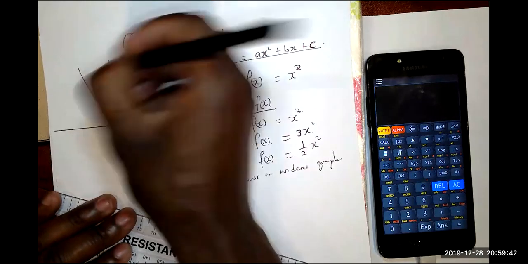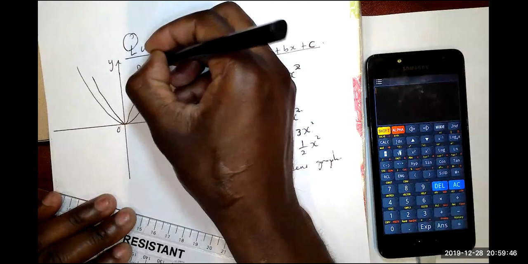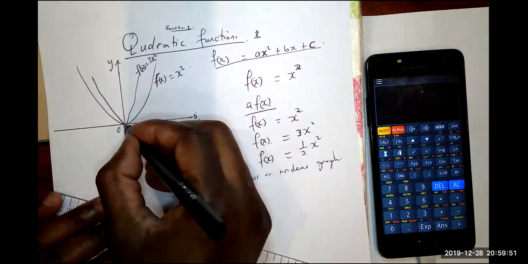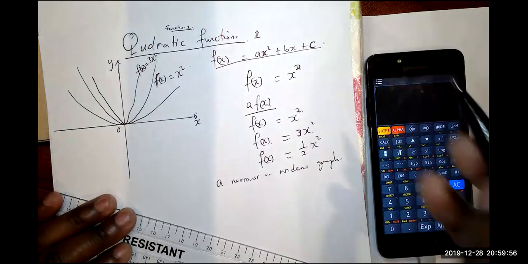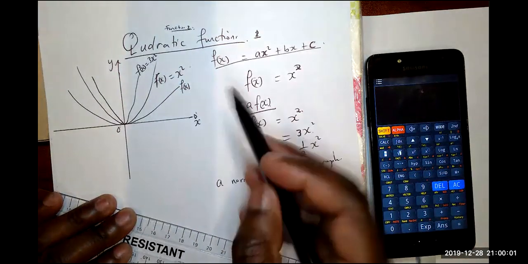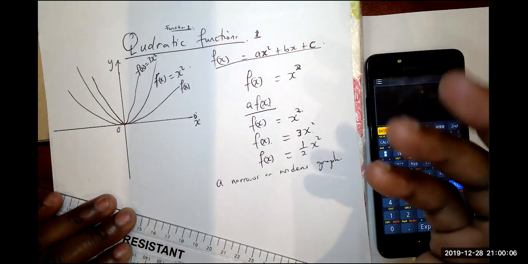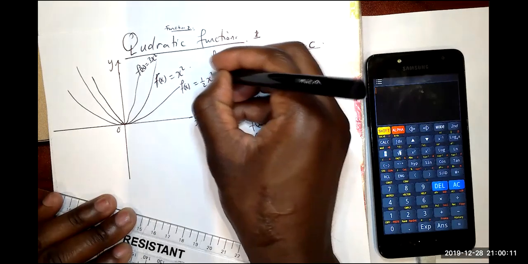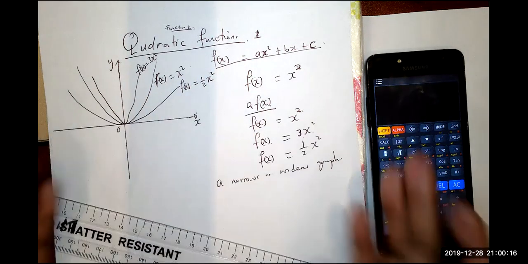If you remember from your linear functions, from Functions 1, it was in terms of gradient that we were talking of steepness. It's more or less the same in this case, where the a shrinks your graph or widens it.